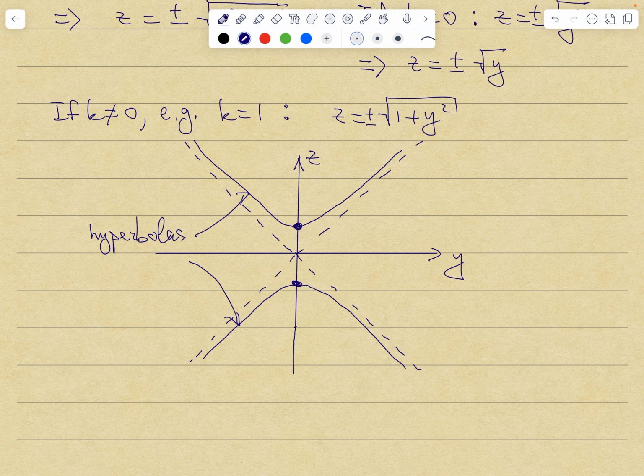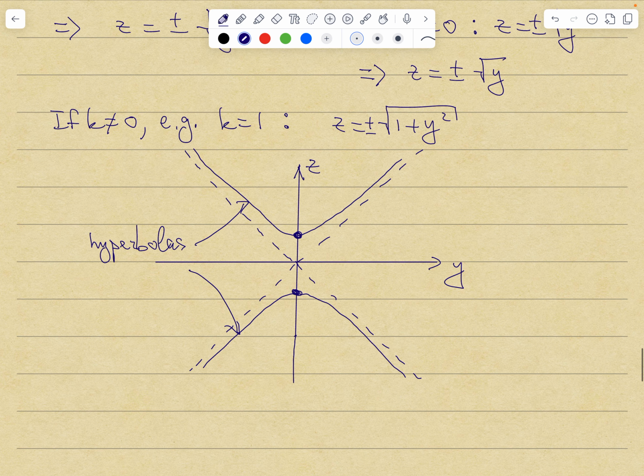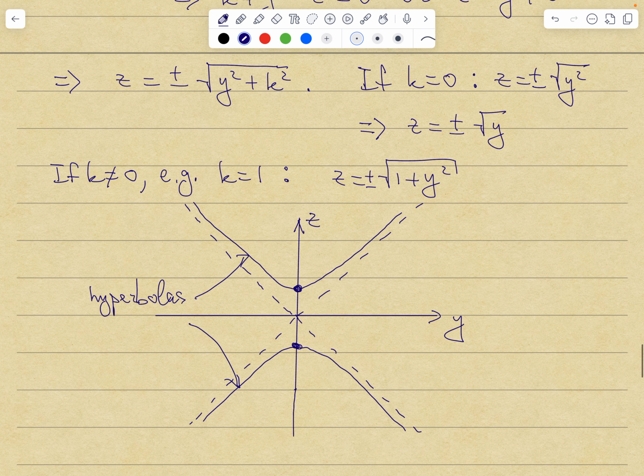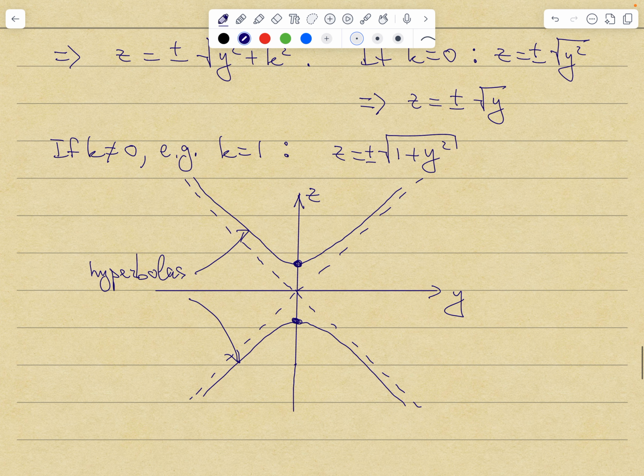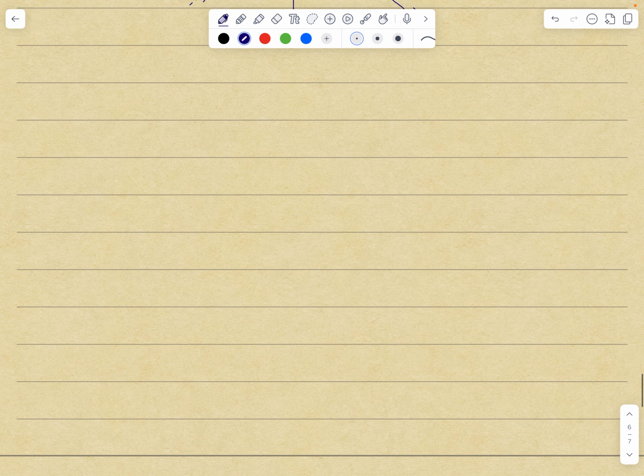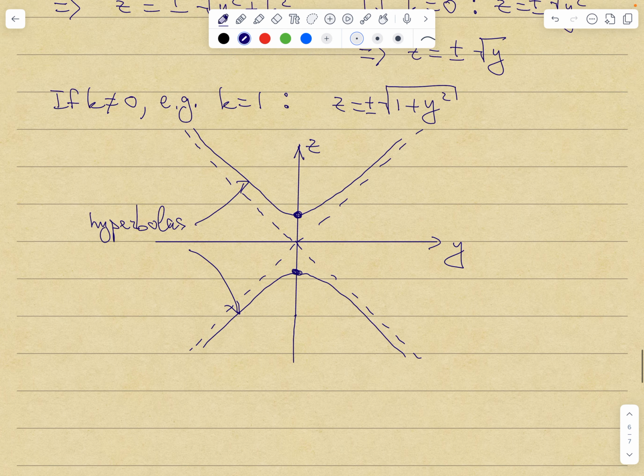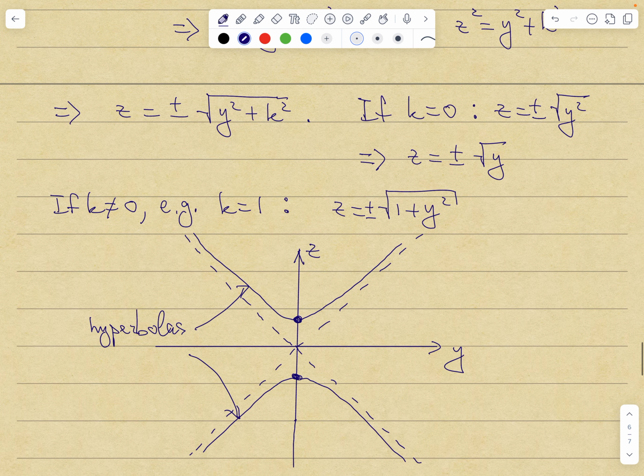Okay, so now we should be able to sketch the surface. Well, actually one more thing, right? As k gets bigger, I'm still going to get these hyperbolas, except that instead of 1, I'll have k squared.